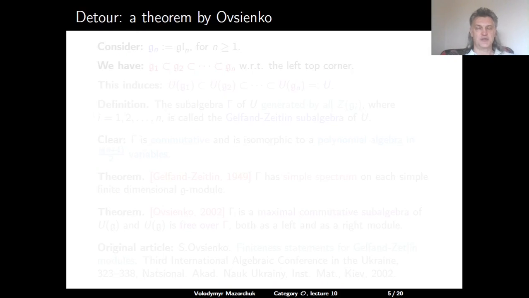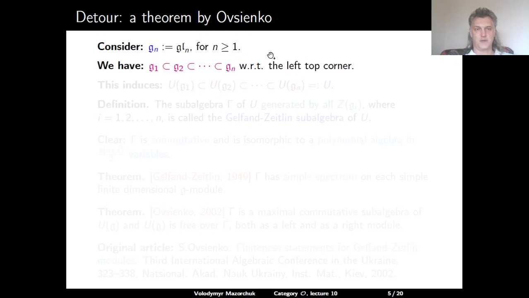In connection to Kostant's theorem, it is a good time to recall the following theorem by Ovsienko, which can be seen as a generalization of Kostant's theorem. Consider the case of the Lie algebra GL_n for n greater than or equal to 1.